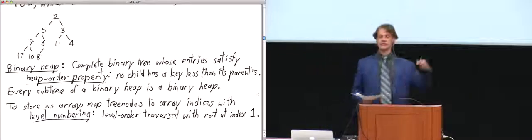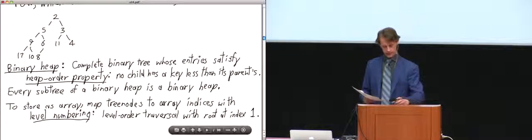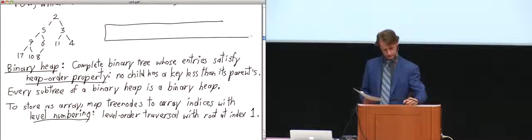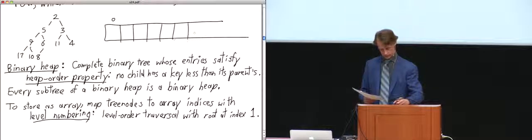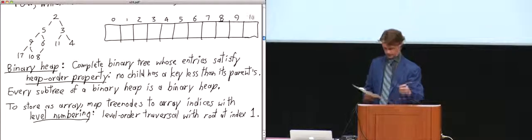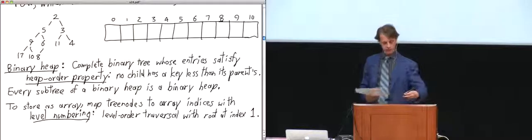So let's come back to this heap I drew. Here is how we store that heap as an array. Level numbering means I'm going to take the root and put it at index 1.